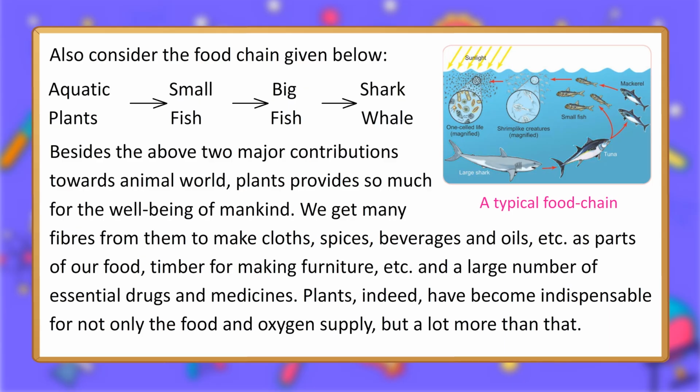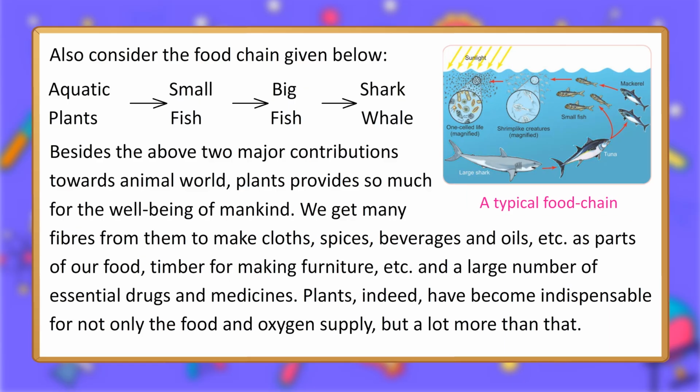We get many fibers from them to make clothes, spices, beverages and oils, etc. as parts of our food, timber for making furniture, etc. and a large number of essential drugs and medicines. Plants, indeed, have become indispensable for not only the food and oxygen supply, but a lot more than that.